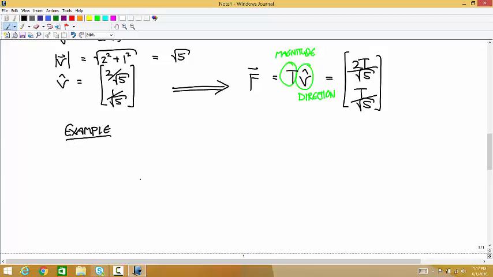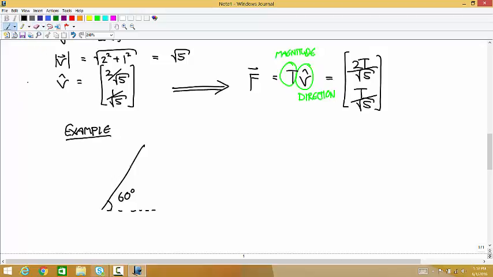So let's say that we're given that this surface makes an angle of 60 degrees with the horizontal.